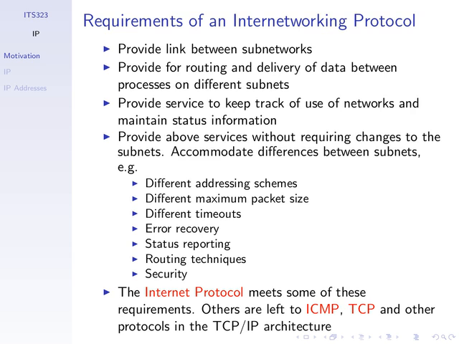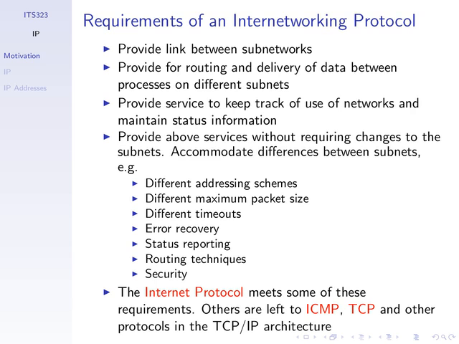Error recovery. This network may support retransmissions. That is, if I send data and I don't receive an acknowledgement, retransmit until it's successful. So it provides some error recovery across this network. This one may not. Maybe it's a very simple protocol and it says send the data, if it gets there good, if not, do not retransmit.